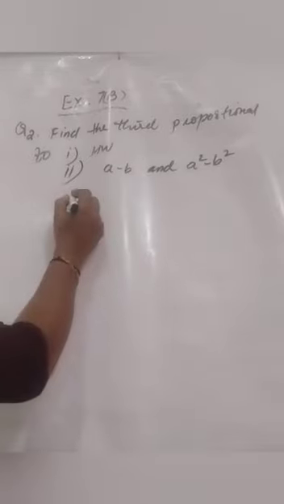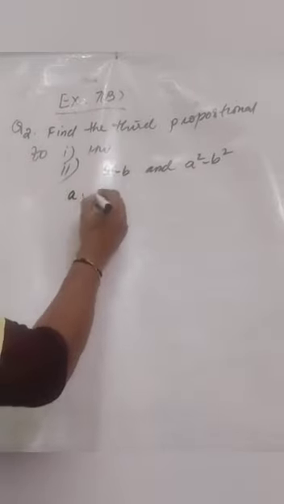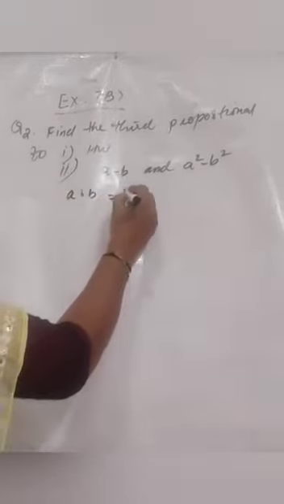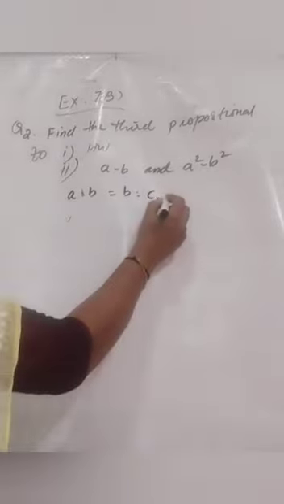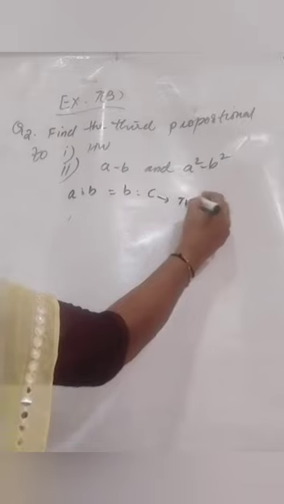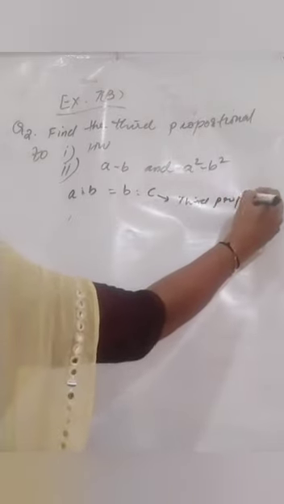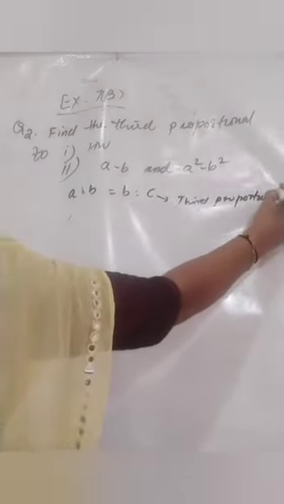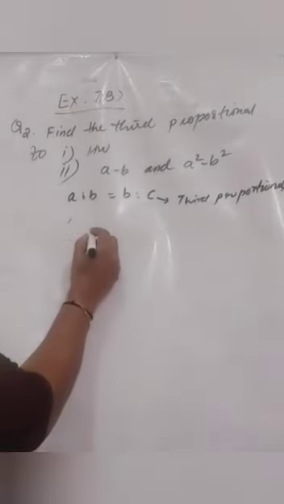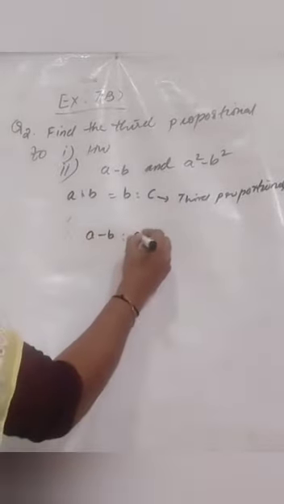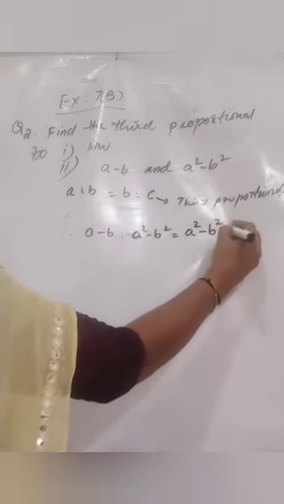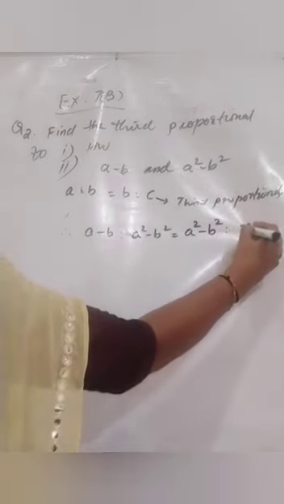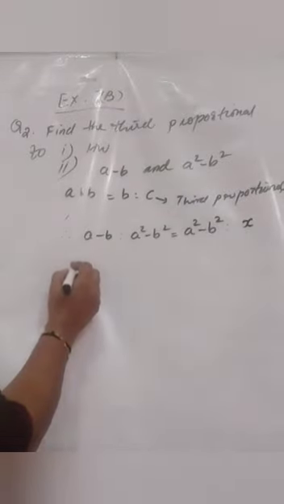Now question 2. Find the third proportional to the first one; homework, the second. A minus b and a square minus b square. So let the third proportional be x. Here in the ratio a is to b, if a is to b equal b is to c, c is the third proportional, no? So how can we write here? A minus b is to a square minus b square equal a square minus b square is to third proportional, that is x.